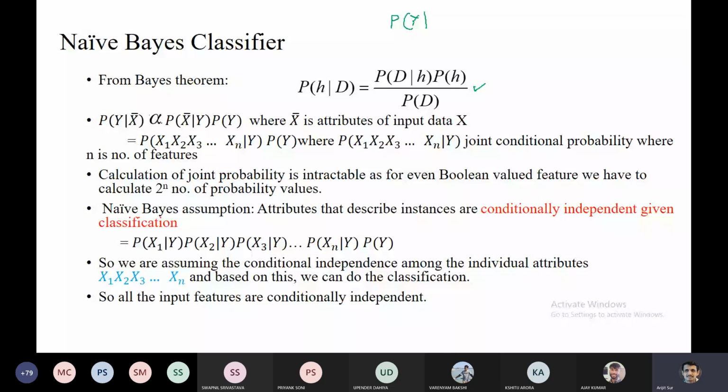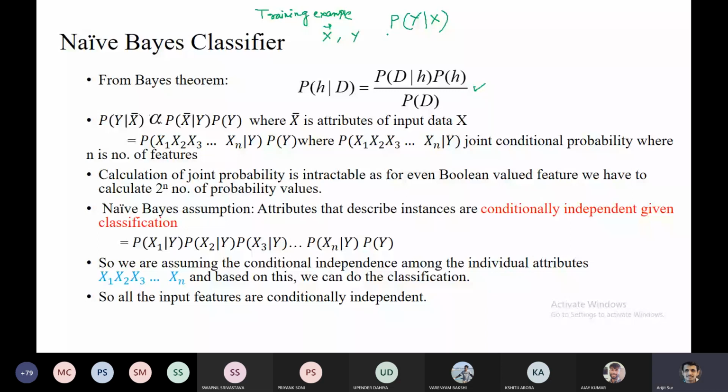From the very beginning we said x is, for example, definitely a vector, and given this x, we have to find out the probability of y. That is our primary concern.